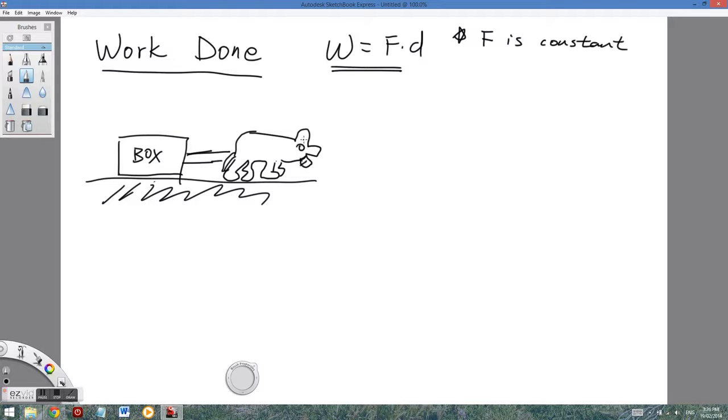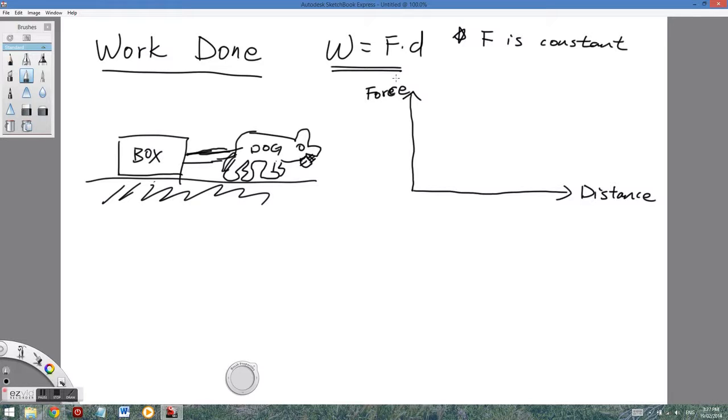Okay. So yeah, I have a dog. Now if a dog is pulling a box along, the force is of course not constant. So what physicists normally do is draw a diagram in terms of the distance and the force.